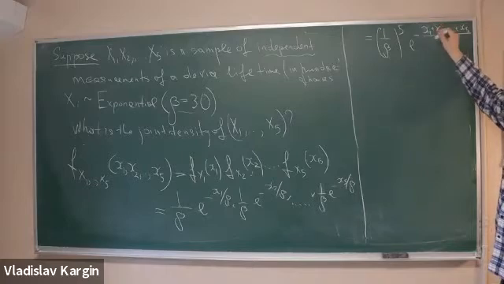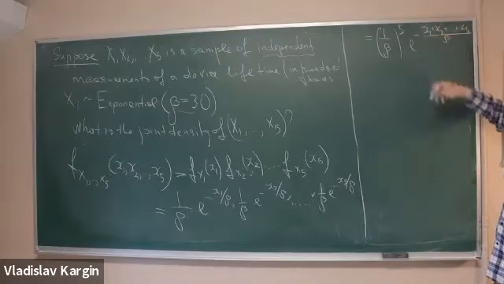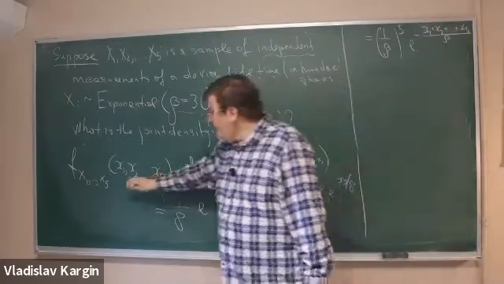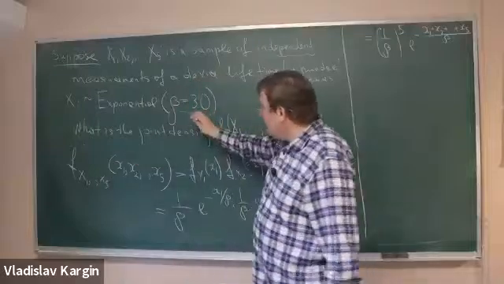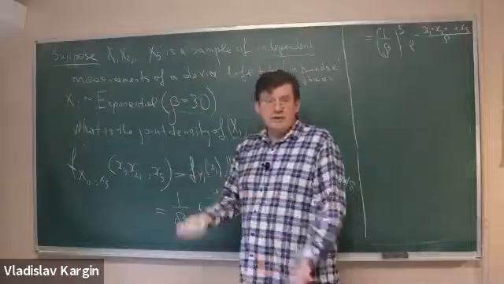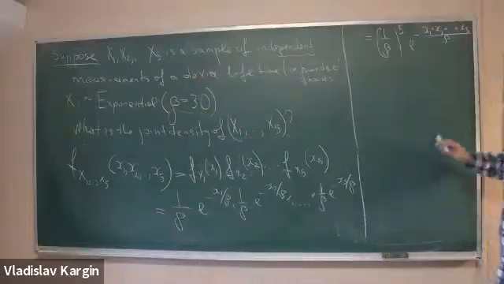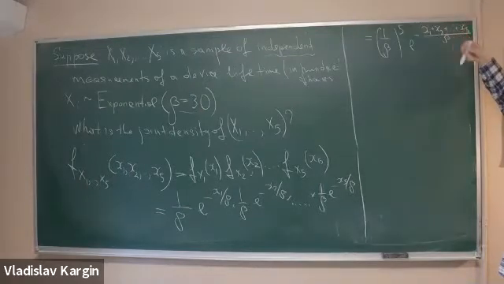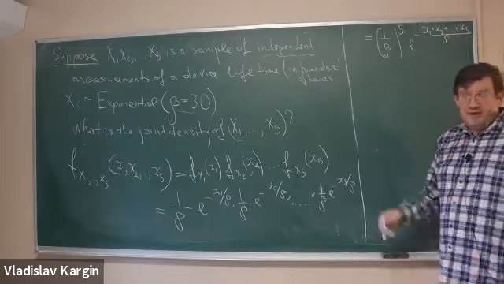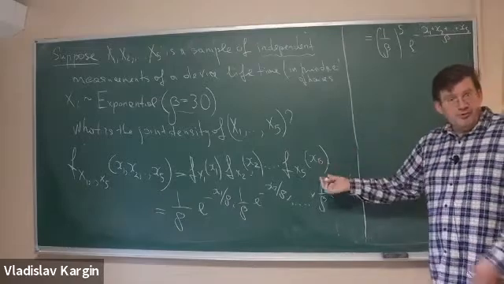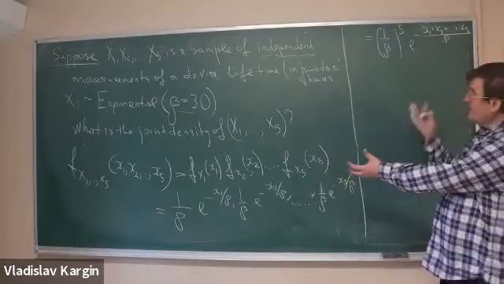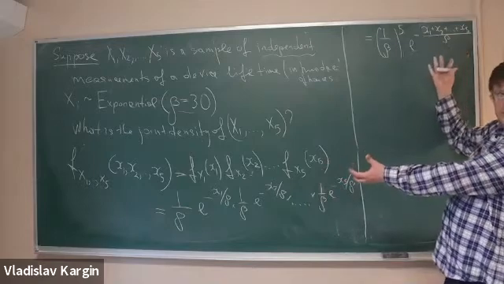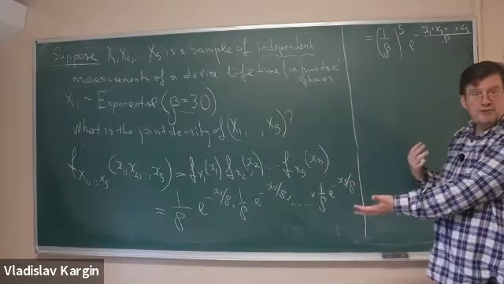This is called maximum likelihood estimation. You find the value of the parameter such that the joint density has a maximum, maximize this function with respect to beta, and say that this is the estimated value of the parameter. From our point of view, this is how you start with writing this joint density function, which in statistics is called the likelihood.